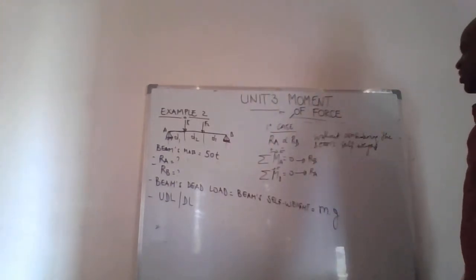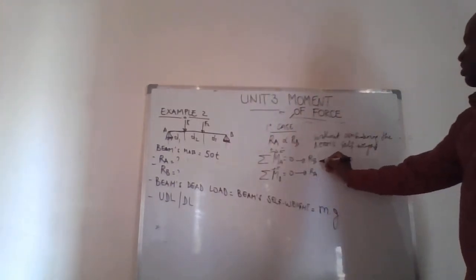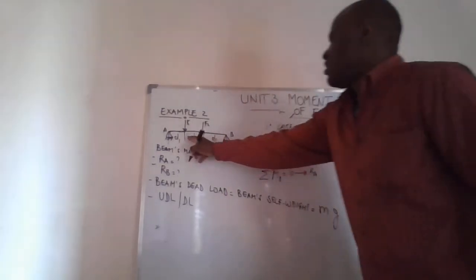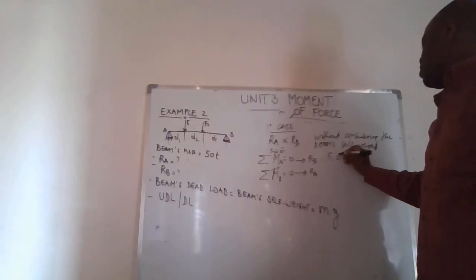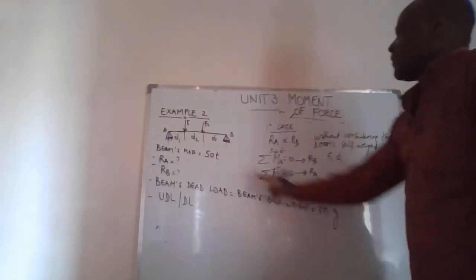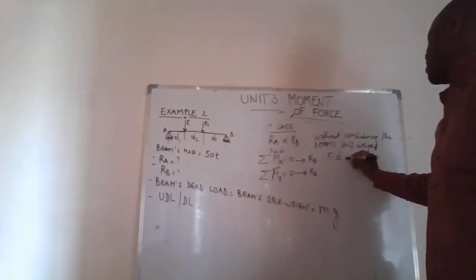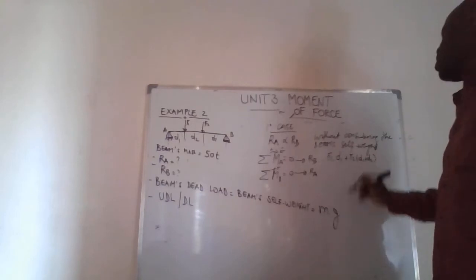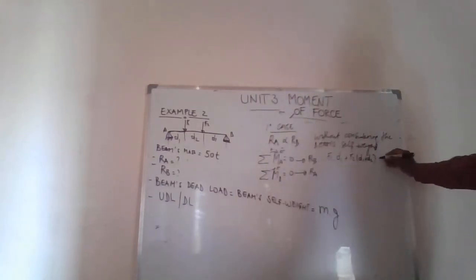We know how to do it, and the equation for this one about A will be F1 times D1 plus F2 times the moment arm, which is made up of D1 and D2, minus RB times the length, and everything is equal to 0.